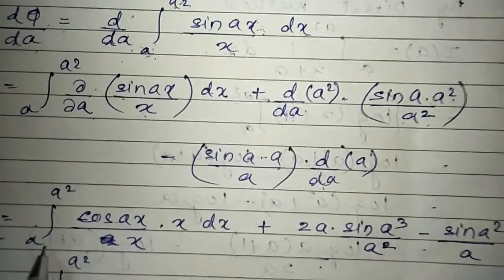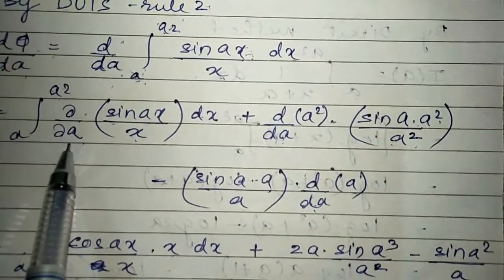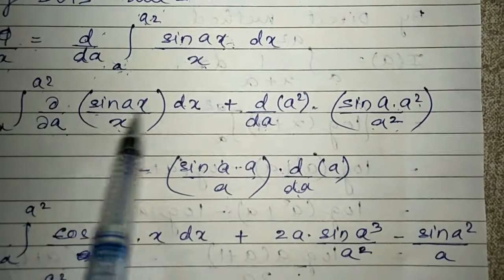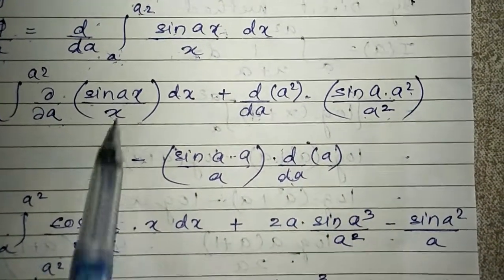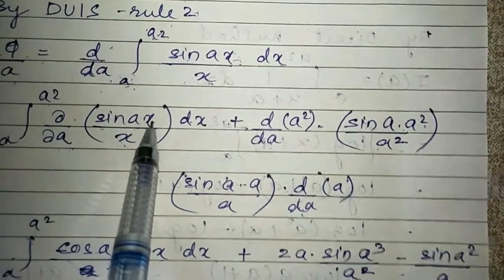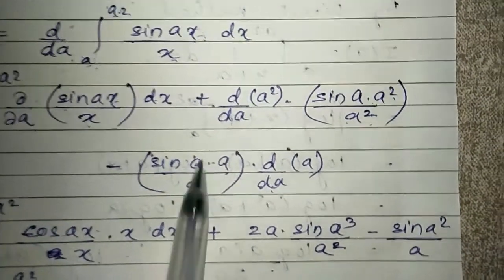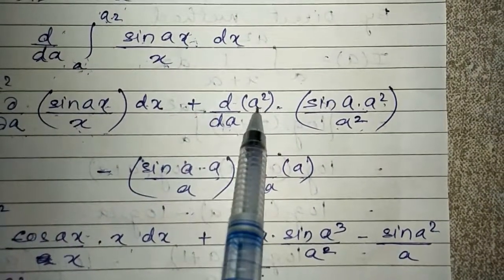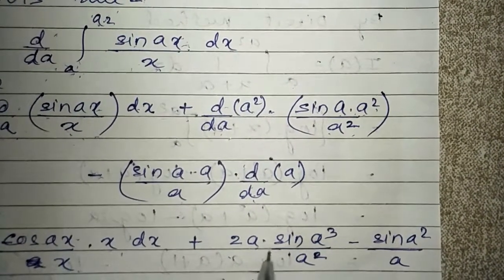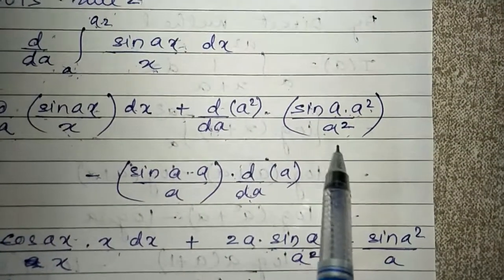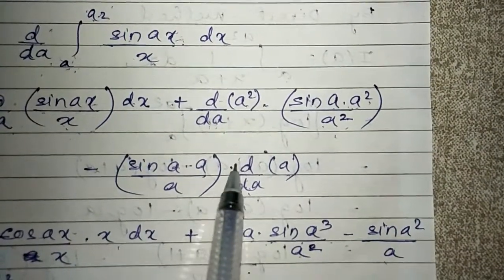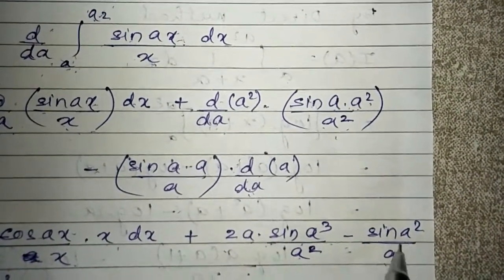What we have is integral a to a square ∂ by ∂a, that is the partial derivative of this term with respect to a. For sine ax it will be cos of ax, this x as it is, and the derivative of the term ax with respect to a is x, dx, plus d by da of a square, it will be plus 2a into sine of a cube upon a square, minus sine of a square upon a, because the derivative of a with respect to a is 1.